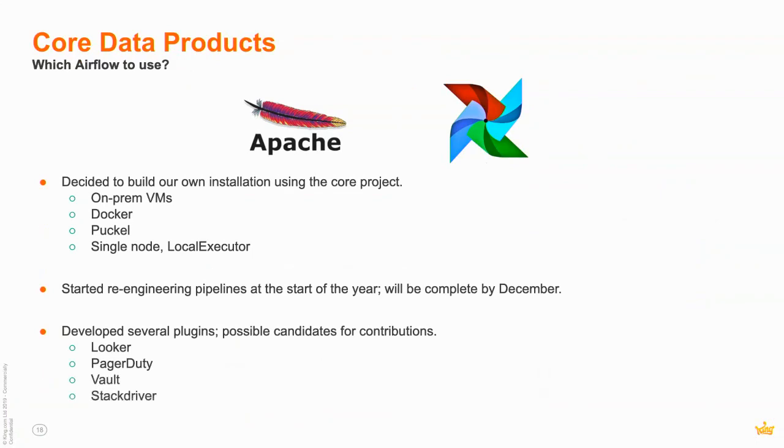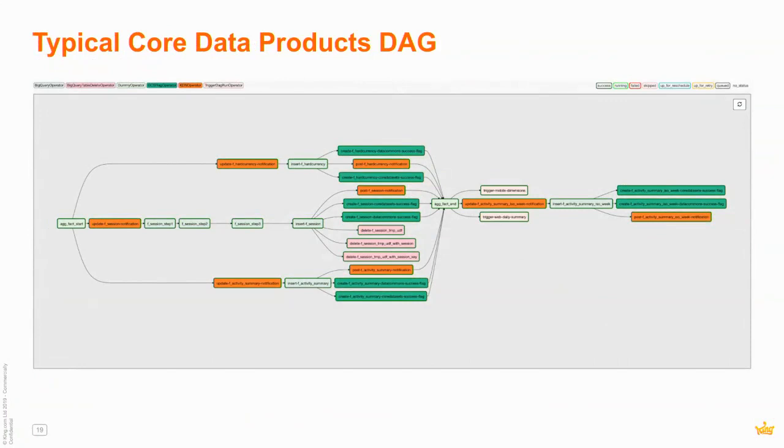If anyone else has any experiences of adapting Airflow for some of these applications, again, I'd be keen to hear what you have to say. And this is just a very quick illustration of what one of our DAGs might look like. Parallel processes here. We've got BigQuery operators here, some custom operators that we've built as well. So just one.